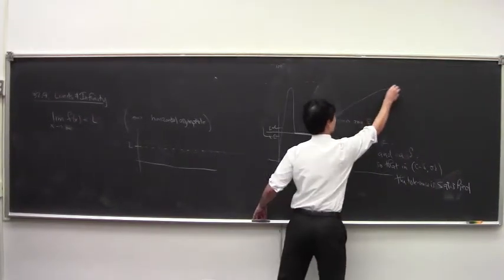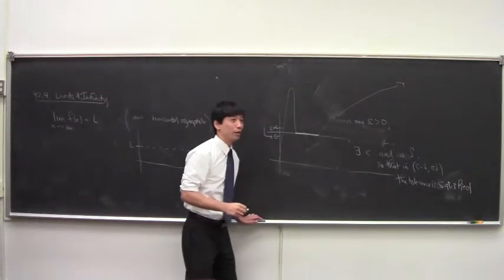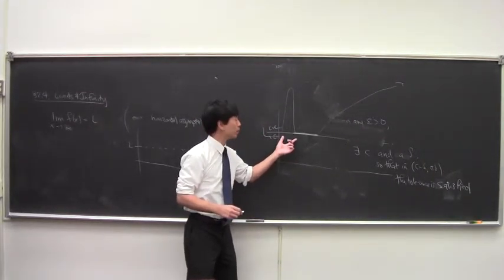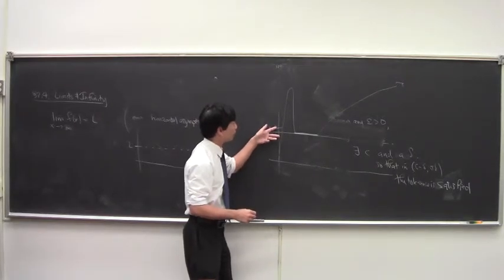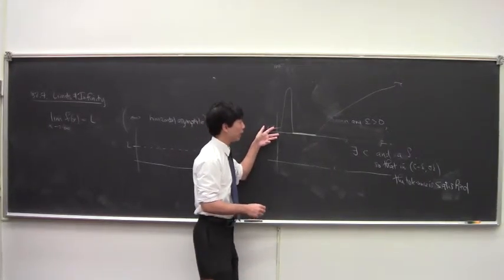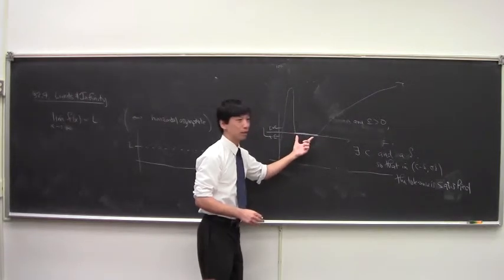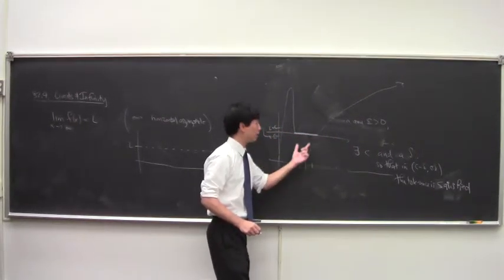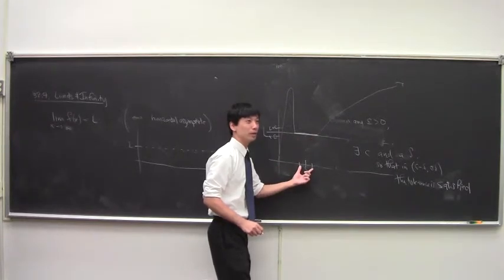And then it's going to run away. And I'd say, oh, look, this satisfies your definition. Because no matter what epsilon you give me, I can find a place where the tolerance is satisfied. Here it is. The tolerance is satisfied in this interval.